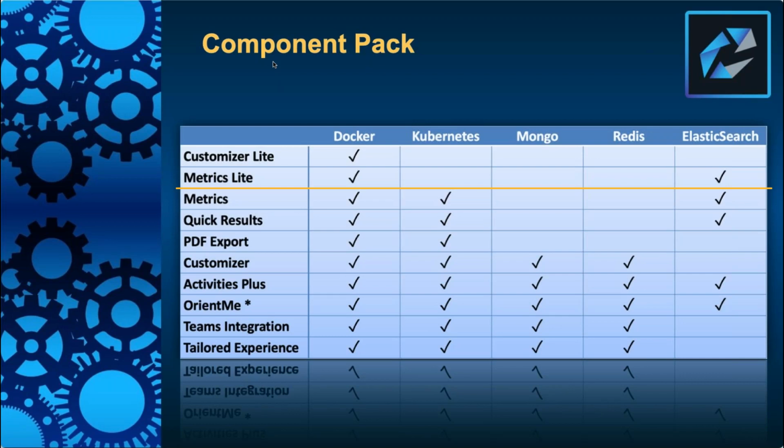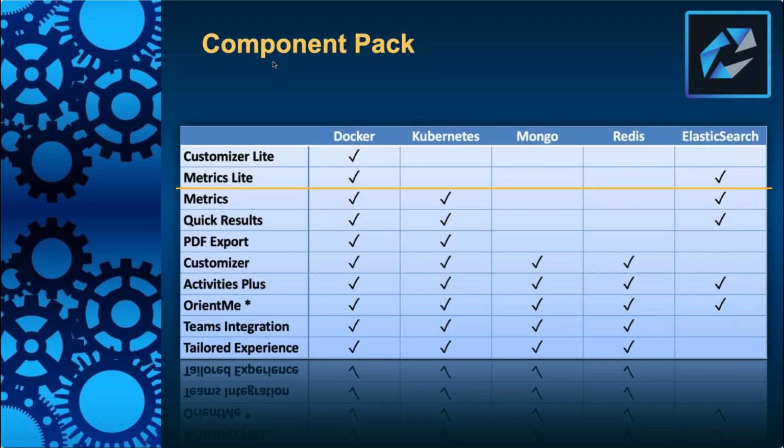So we have the metrics, we have quick results, which is in simple terms a type ahead. When you start typing in the search field, you get quick results, or if you go to files, you see the files that you recently viewed. That's what quick results is. You have PDF export if you want to export what page you're on, a wiki, for example, to PDF. And there's the customizer.